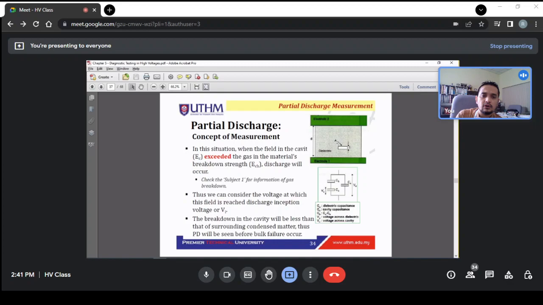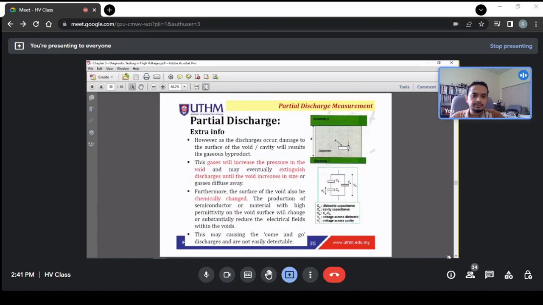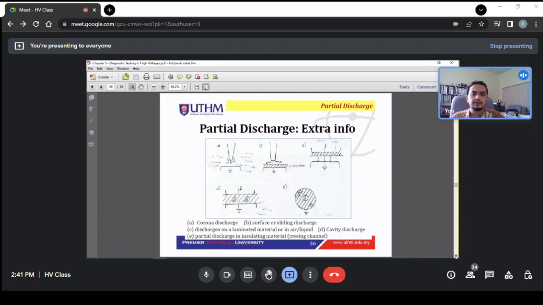Later on we'll show you an example of the videos. Alright, this is what I just explained to you. You can read it yourself. How is the partial discharge? We have the two terminals, electrode and ground.